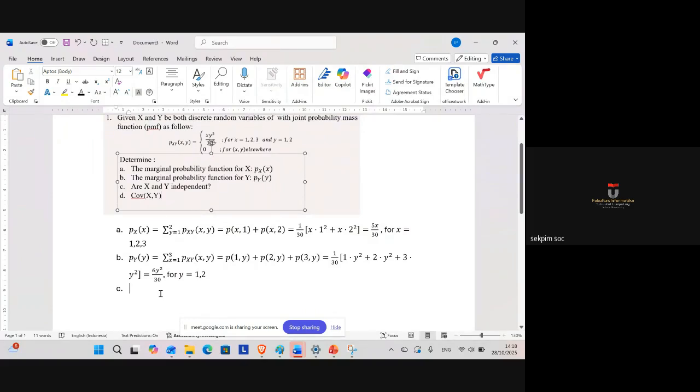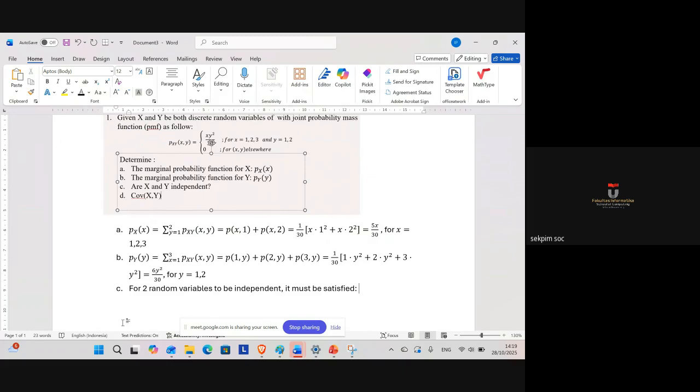So, the independent definition: for two random variables to be independent, it must be satisfied that the joint probability equals the multiplication of each marginal function, right?